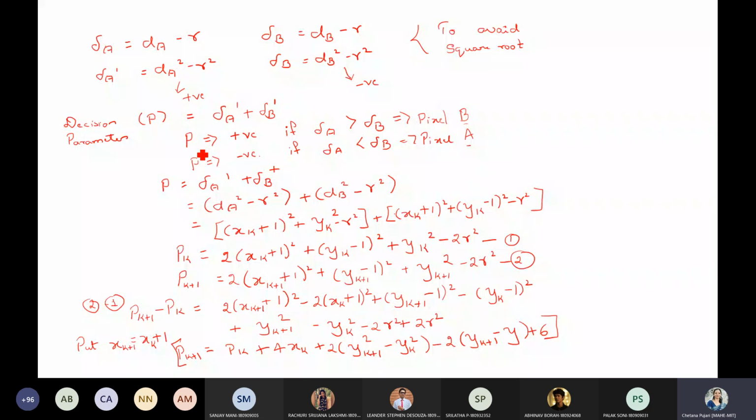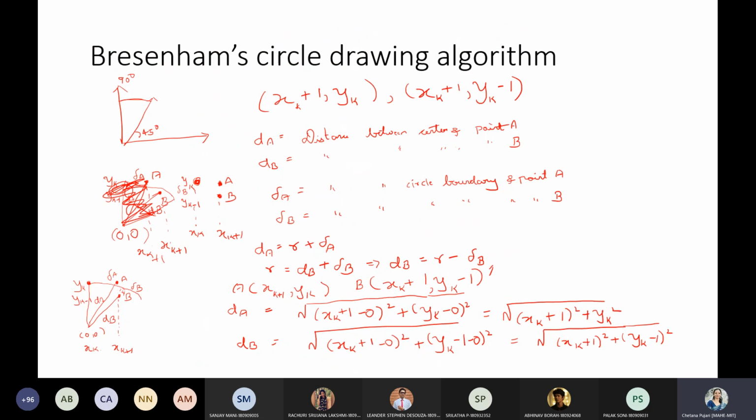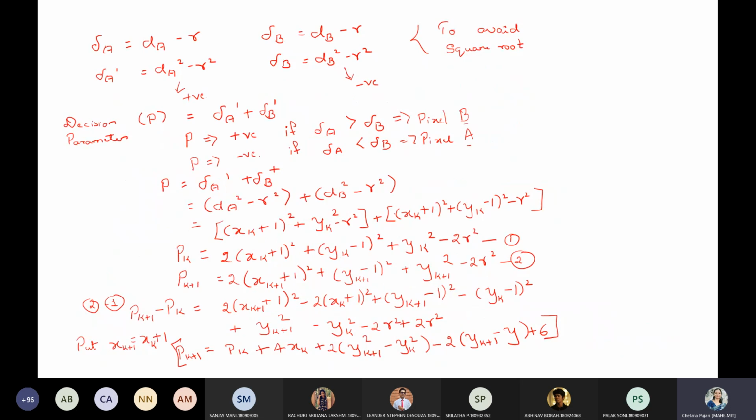And then we know that P is positive if delta A is greater than delta B, which means A is far away from the boundary, so you are going to select B. And if A is near to the boundary compared to delta B, then we are going to select pixel A.